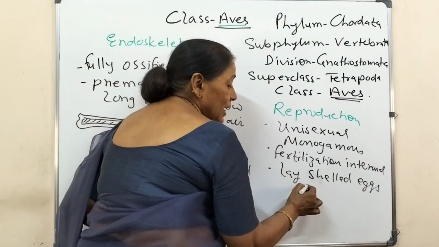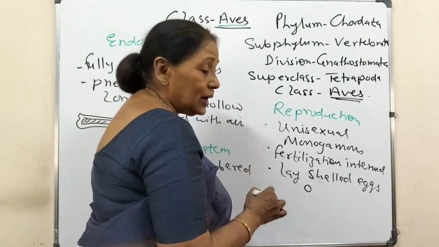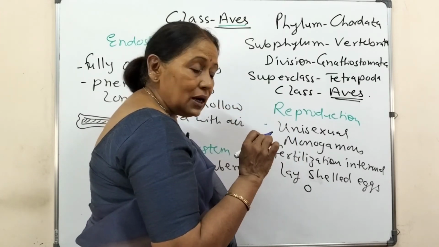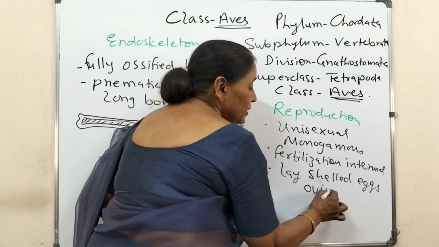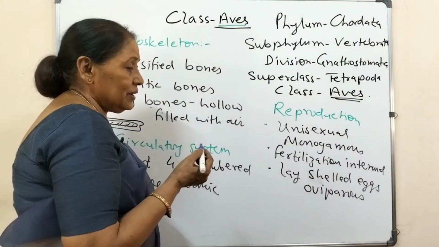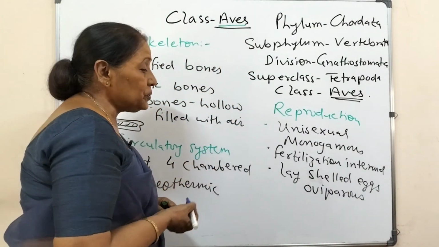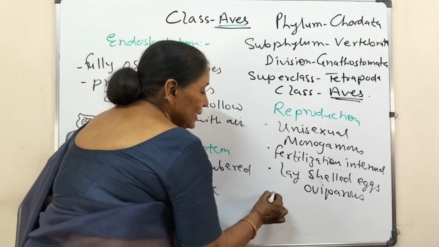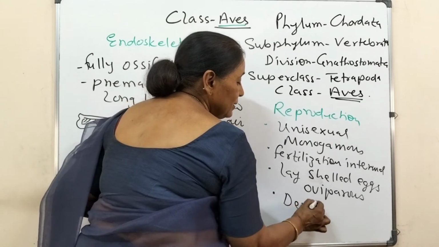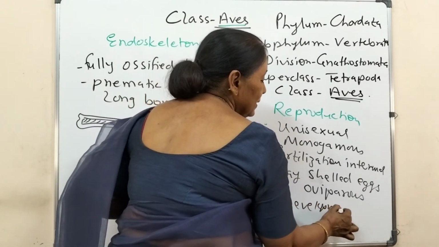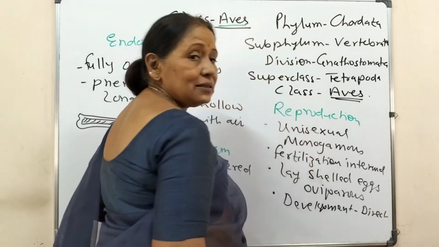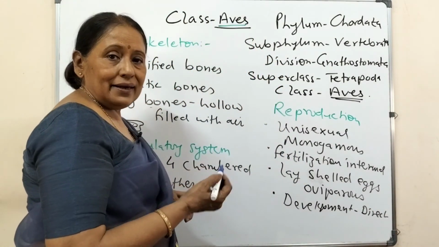So what is this type of condition called? Oviparous or viviparous? This is called oviparous. Students, please go on writing in the comment box if every term is getting clear to you or not. And then the development is direct, meaning the young ones resemble their adults.